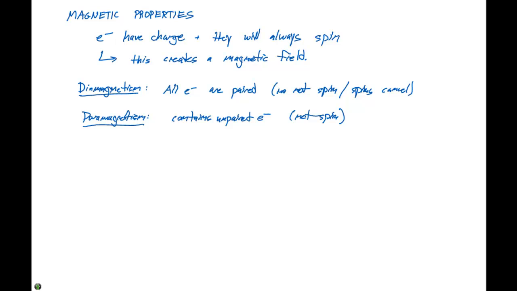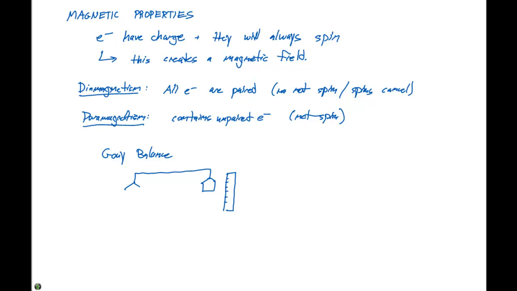And one of the things that we can use is something called a Gauss balance. And this is going to measure magnetism. So you kind of set up this particular balance, and we could put a weight on one end and use a ruler to measure how much this is going to be displaced.